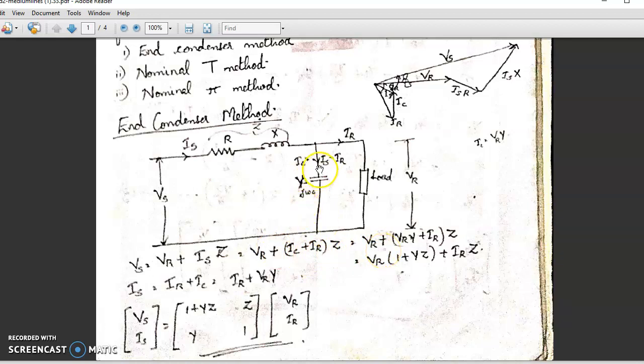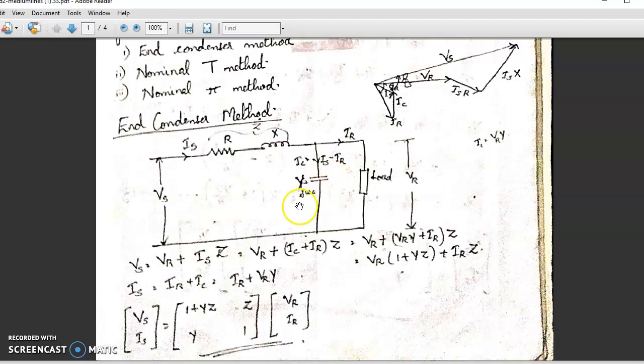Now what about Ic? Ic is the current through this admittance, so we can write Ic in terms of voltage and admittance. Ic is equal to Vr into Y. Actually, the current will be Vr by the capacitive reactance, and 1 by capacitive reactance gives you admittance.